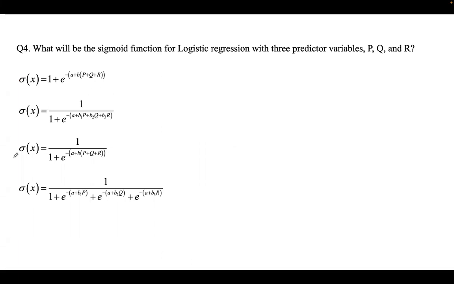So if you remember, which of them closely resembles the sigmoid function? So A, B, C, and D. Which of these? B. That's right. Okay, so this is the form. Very good.